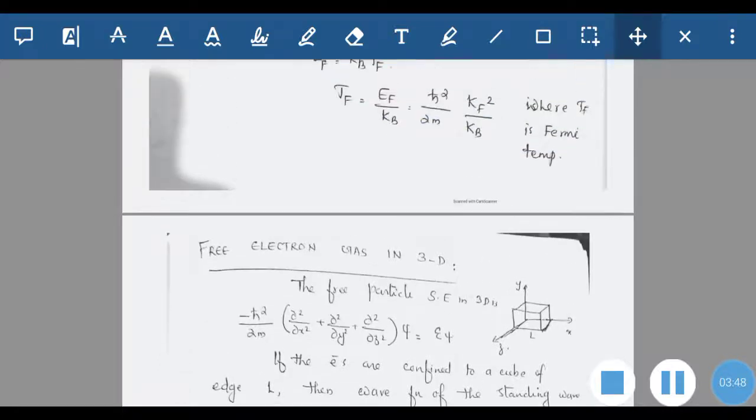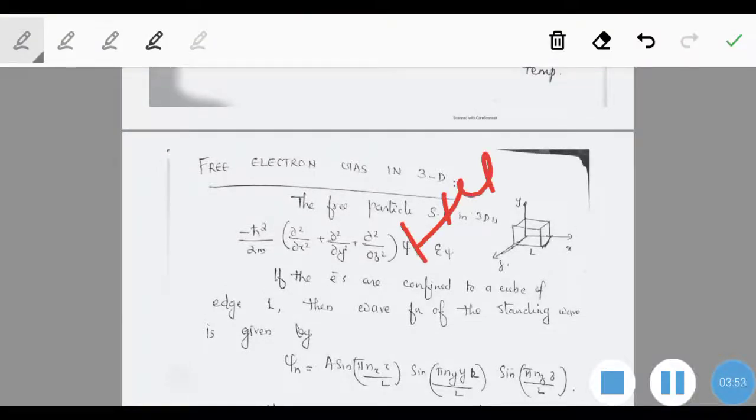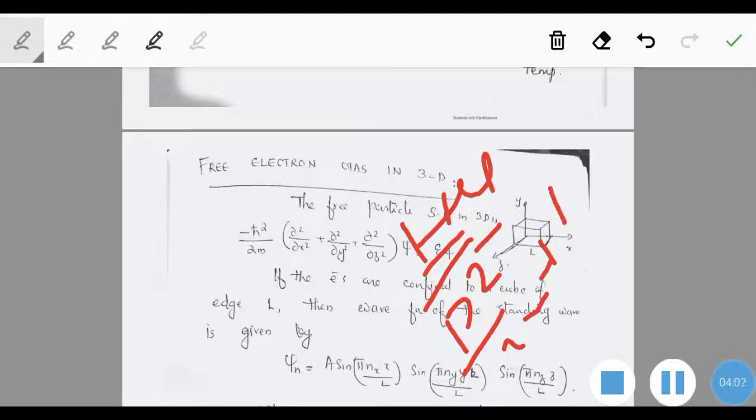H is nothing but the total energy, p²/2m, that is the kinetic energy, and the potential energy here is equal to 0. So p², the quantum mechanical expression for this momentum, is minus ħ² into (∂²/∂x² plus ∂²/∂y² plus ∂²/∂z²).